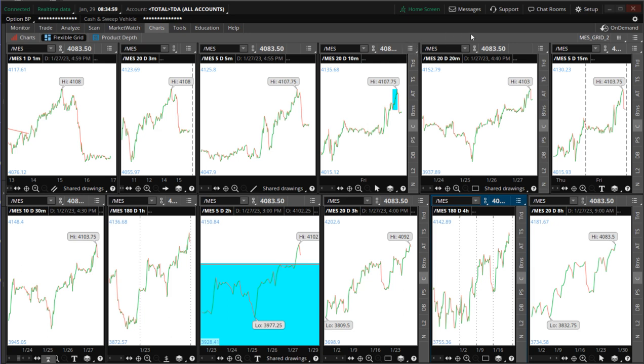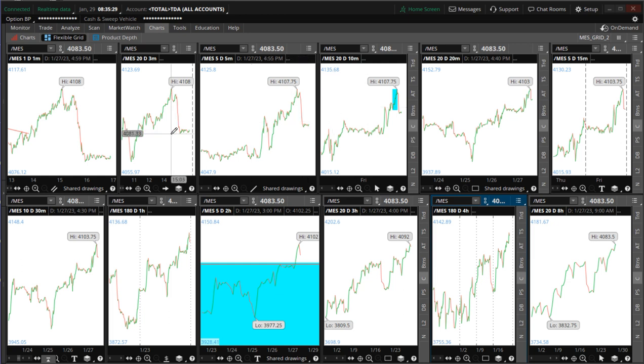Now, as I mentioned before, we have to look at all the time frames for a particular market. Today I'd like to introduce you to the concept of the macro grid.